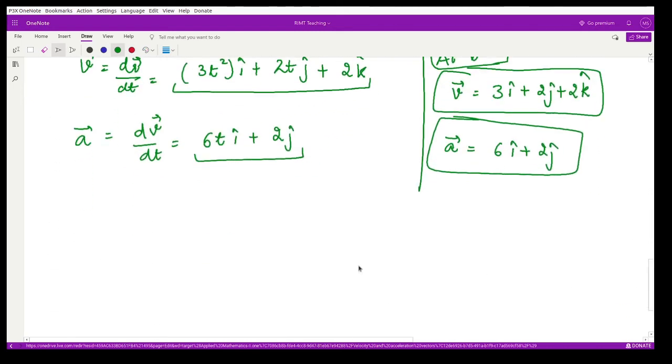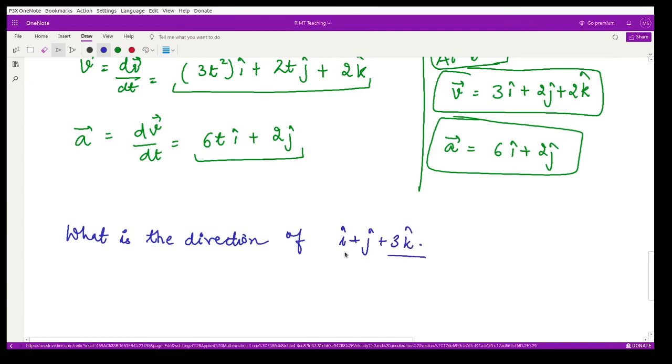So we have to determine the direction of the given vector, which is i cap plus j cap plus 3 k cap. Now the direction of this given vector is found by calculating the unit vector in the direction of this vector. So the unit vector here would be the vector itself divided by its magnitude.